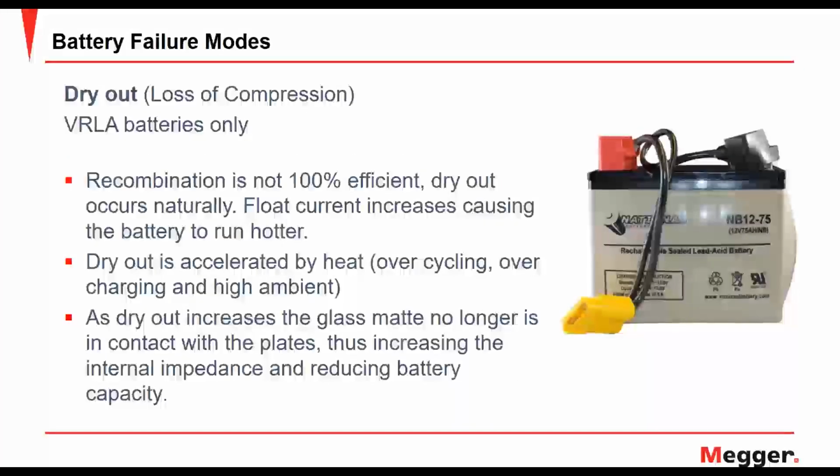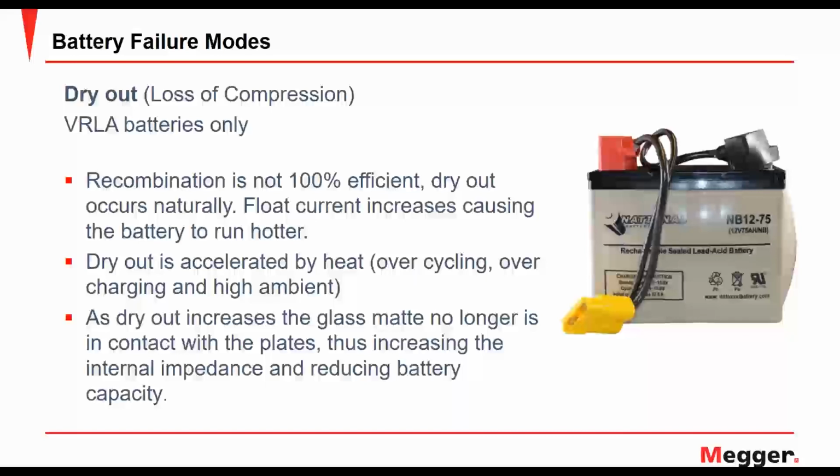For valve regulated batteries, as I mentioned, there is not a very long lifespan like the normal flooded lead acid batteries. The reason for that is a process called drying out, or loss of compression. Basically in the valve regulated battery, the water loss or hydrogen vented is recombined to create water again in the battery, thus it does not need water to be added periodically.